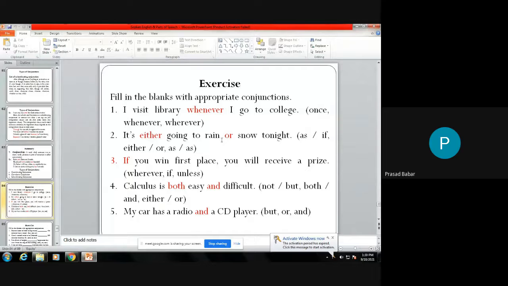See the third example. If you win first place, you will receive a prize. The other options are wherever, if, unless. The best suitable option here is if.